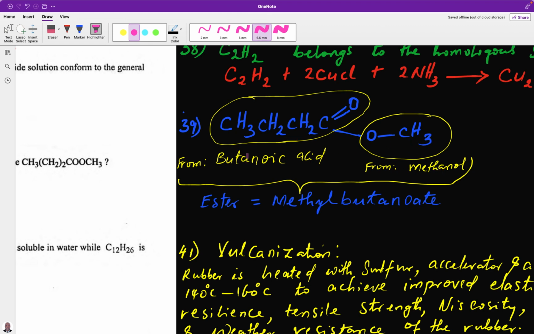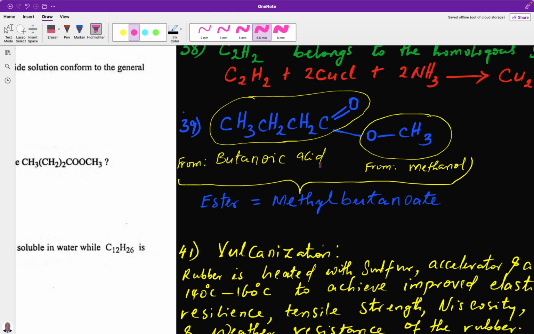The acid is four carbons, from butanoic acid, and the alcohol is from methanol. An alcohol reacting with an acid gives what we call the ester, and this area here is the ester linkage. We are not after that one.